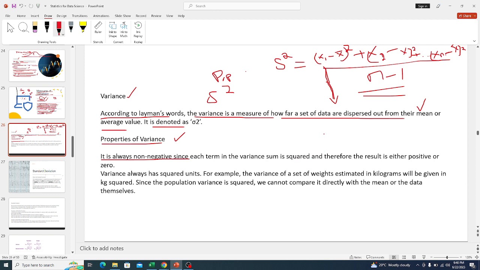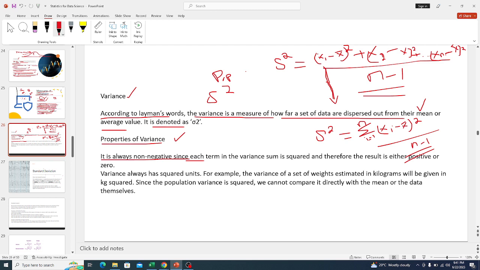So we know that sample variance is given by the summation of xi minus x bar, squared, where i ranges from 1 up to n, divided by n minus 1. This is the formula for sample variance. That's why we are saying that it is a non-negative value.